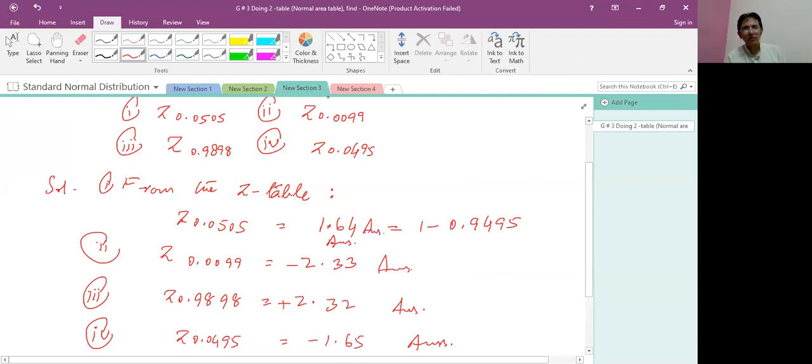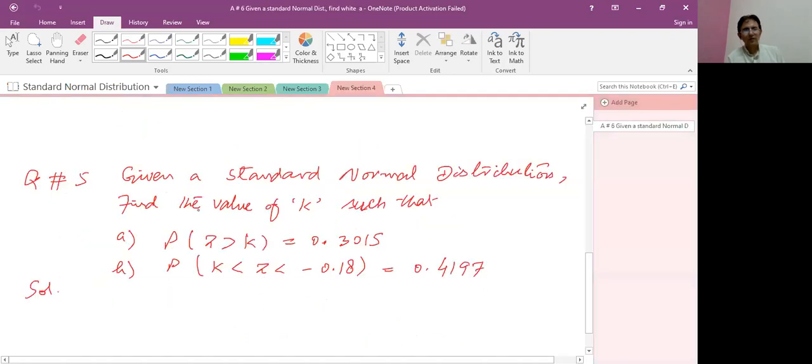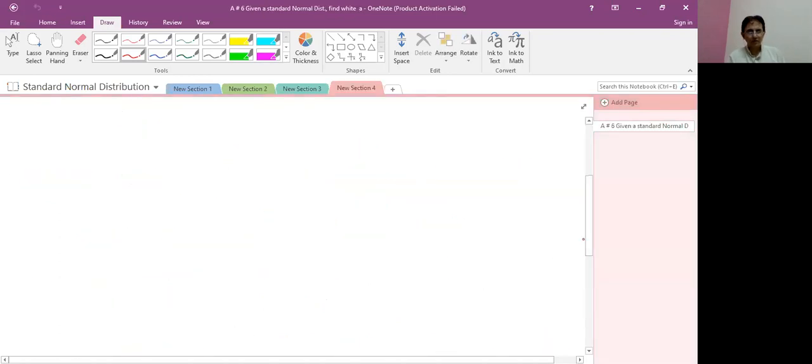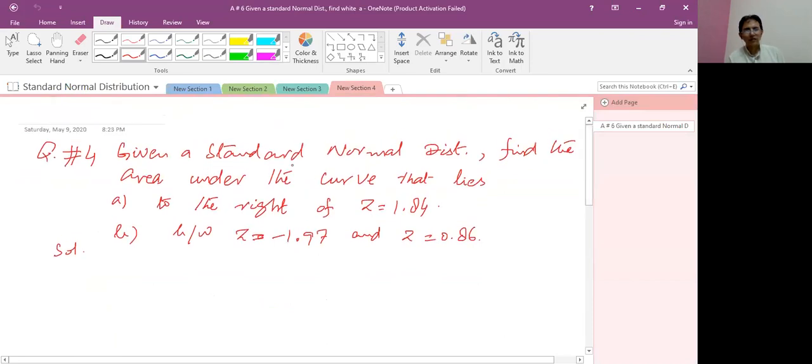Now the next question, student. Given a standard normal distribution, find the area under the normal curve that lies to the right of z and between z equals minus 1.97 and z equals 0.86. If you write the question again, according to the first part, we will write in this form.